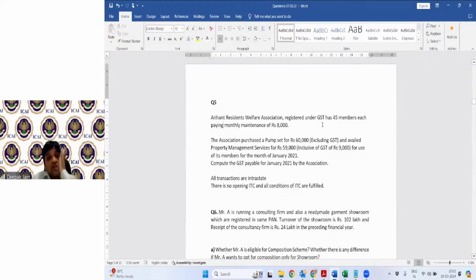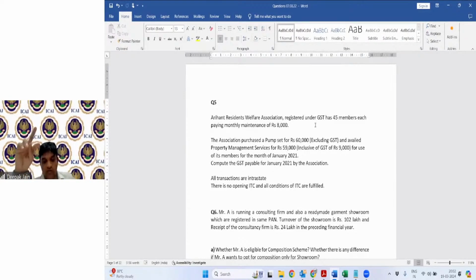Aryanth Residents Welfare Association, which is registered under GST, has 45 members, each paying monthly maintenance of rupees 8,000. The association purchased a pump set of rupees 60,000, excluding GST, and availed property management services of 59,000, inclusive of GST.